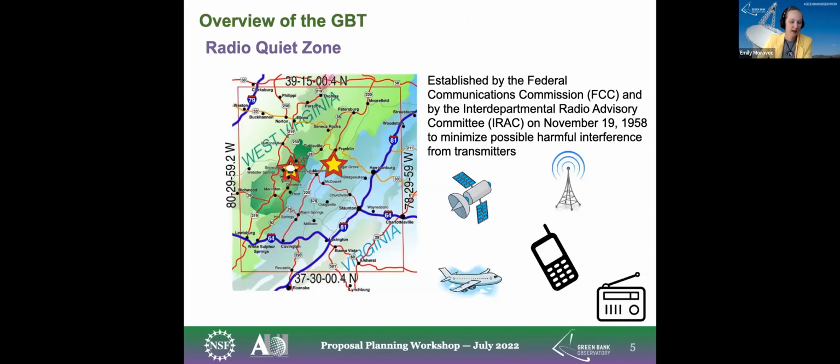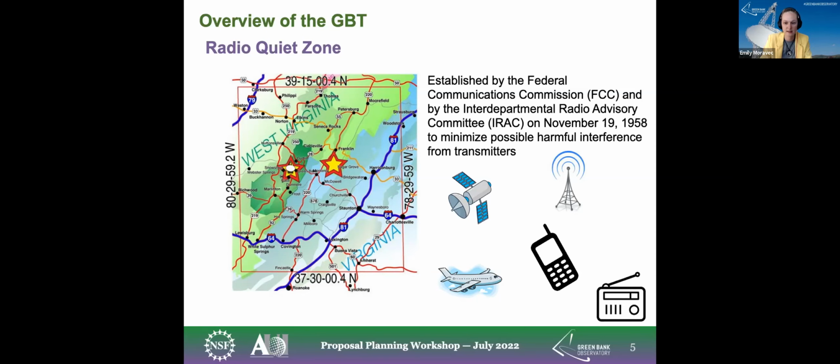One thing that is particularly interesting and unique to the GBT is the radio quiet zone. This was established by the Federal Communications Commission, the FCC, and also IRAC in the 1950s to minimize harmful transmissions from various things and devices of modern life that transmit. That's things such as cell phone towers, cell phones themselves, radios, the radios on planes and transmitters between planes.